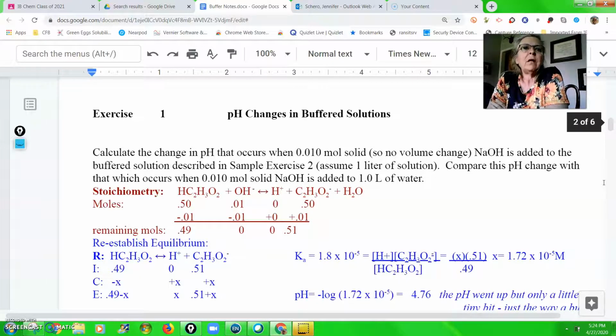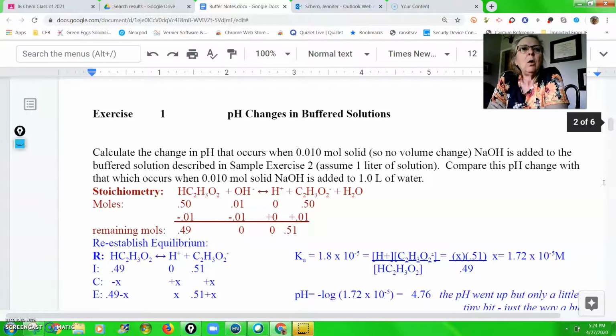First thing we recognize, okay, the sodium hydroxide is the limiting reactant. Those moles are used up and only 0.01 moles of the weak acid are used up. The weak acid and the strong base will make some conjugate base and some water. And we're not going to worry about the water. Water is not included in the Ka expression.